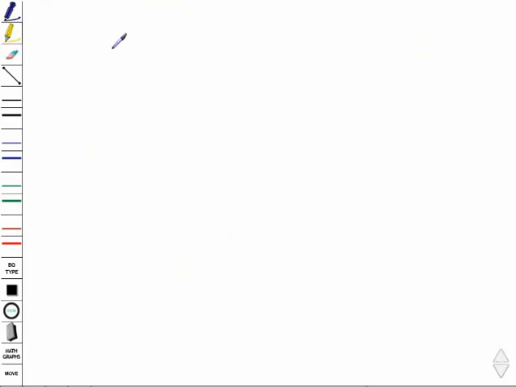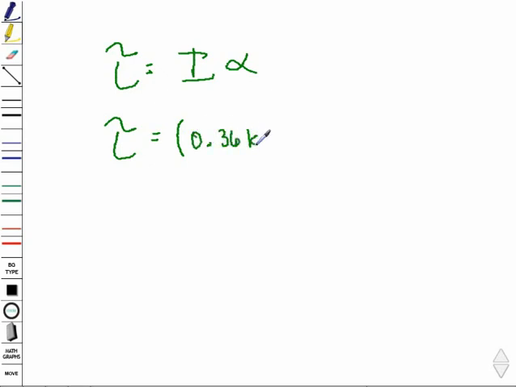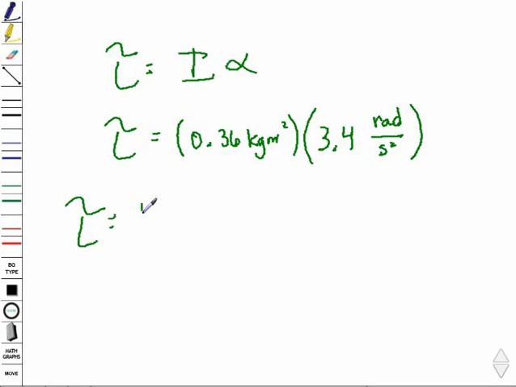So remember that the torque is equal to the moment of inertia times the angular acceleration. So our torque is going to be our moment of inertia, 0.36 kilograms meters squared, times our angular acceleration, which was 3.4 radians per second squared. So we get a torque value of 1.2. Now our units, we have to look here.